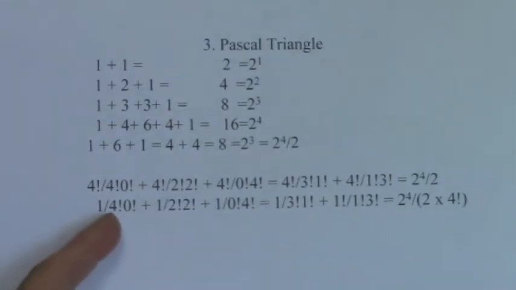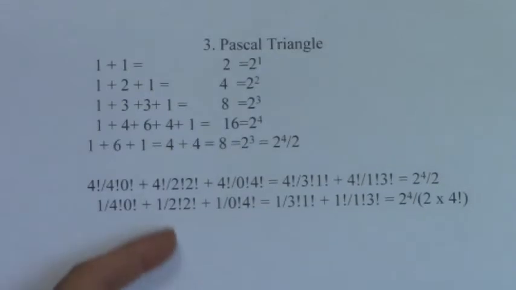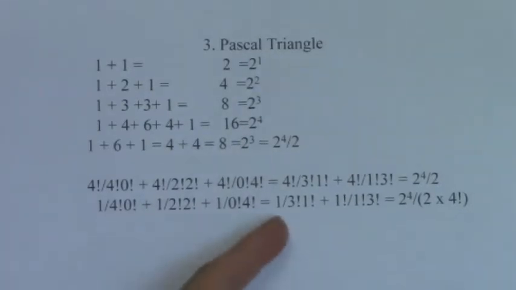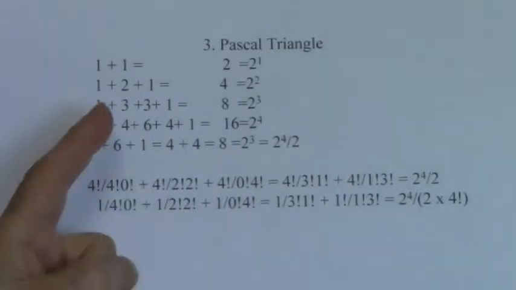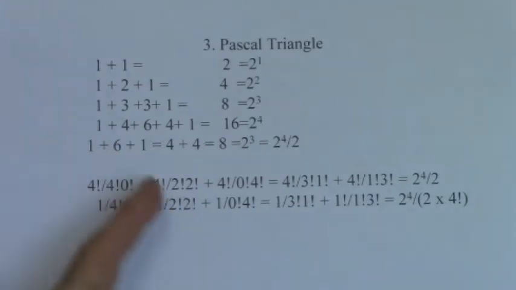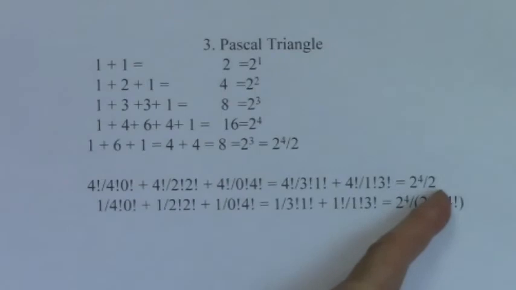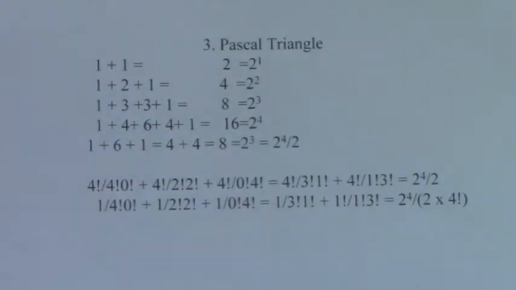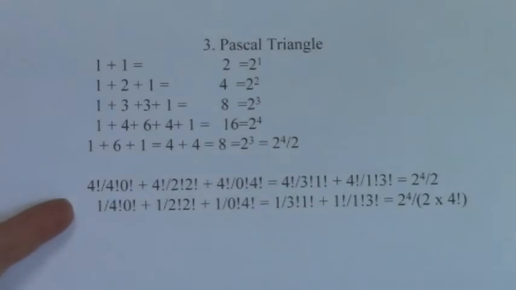And so now this becomes, without the 4 factorial, 1 over 4 factorial, 0 factorial, etc., and then the same thing for the alternate terms, the 4s and the 4s. And this now is 2 to the 4th over 2 divided by 4 factorial. So this is the key line here. This is what ends up helping me solve the problem.